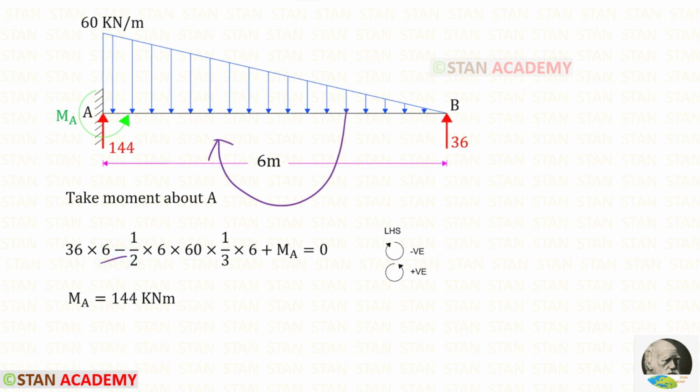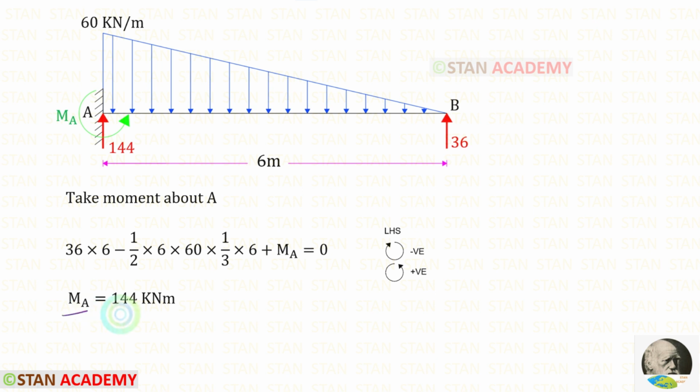For the UVL, we have to multiply the area with the centroid distance. This is the area. The centroid distance about the point A is 1 upon 3 into B. Here the breadth is 6. So 1 upon 3 into 6. Let us assume that MA is acting in the anticlockwise direction so that it will be positive.